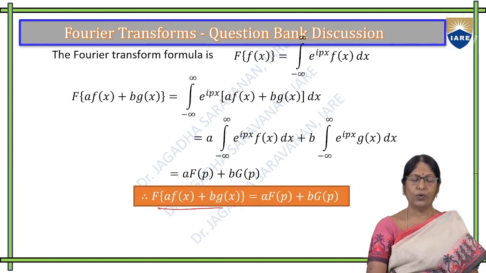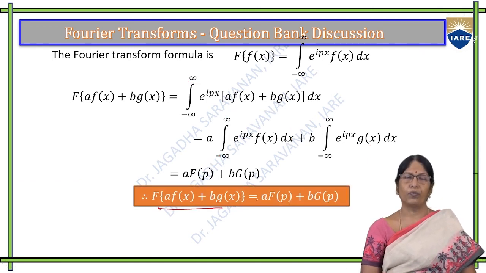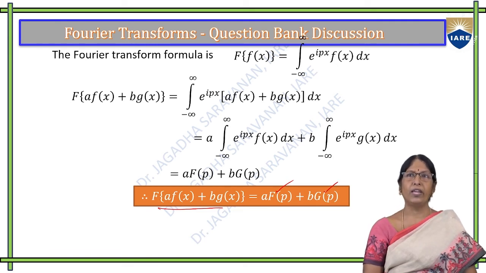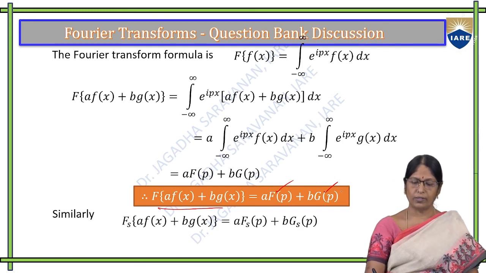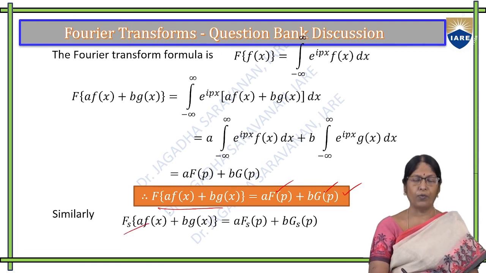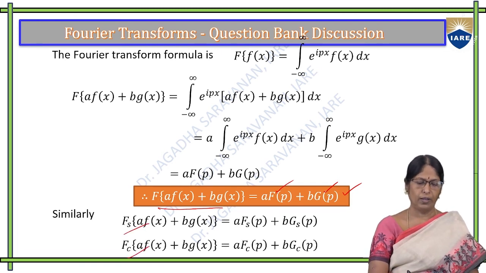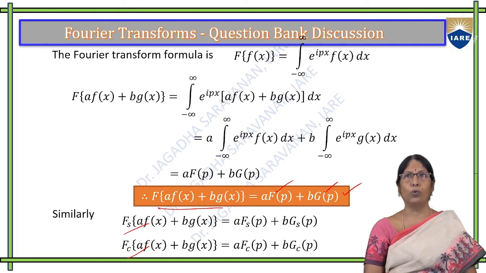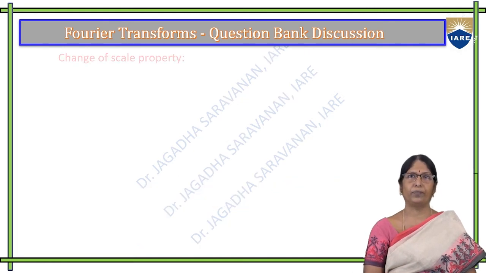So the Fourier transform of two functions can be written as the Fourier transform of the first function plus the Fourier transform of the second function, each multiplied by constants. This is the linearity property we applied for Fourier. The same we can apply for Fourier cosine as well as Fourier sine. For both we can apply it.